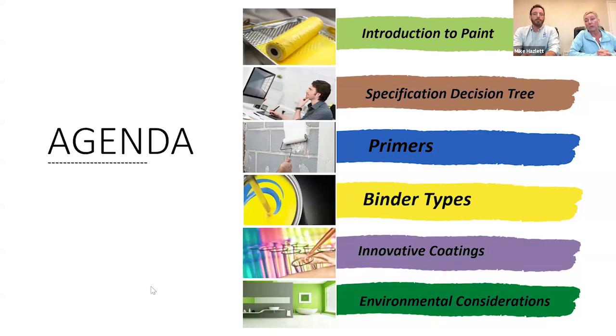We're going to go over primers, binder types, the innovative coatings, as we briefly mentioned with the microbicidal and the odor technology, and then your environmental considerations, which is going to be big in our future. Towards the end, we'll get into budgets and maintenance and things that you might see on your property and how we can address those concerns. That's something we've added to this presentation, hopefully to be of value for you.